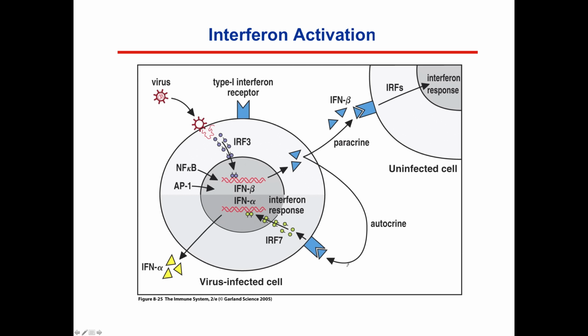Then there's an autocrine system that further activates the cell to produce interferon alpha, which has further effects in upregulating the immune response of adaptive immune cells.